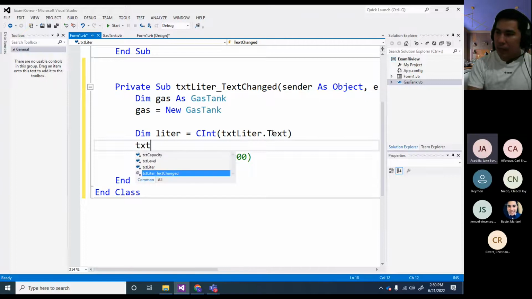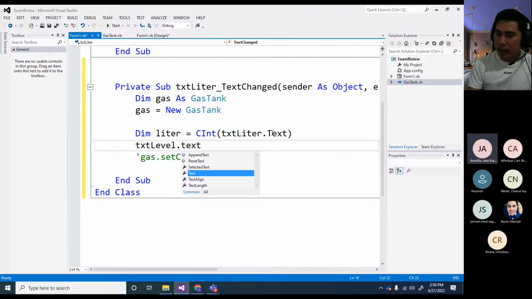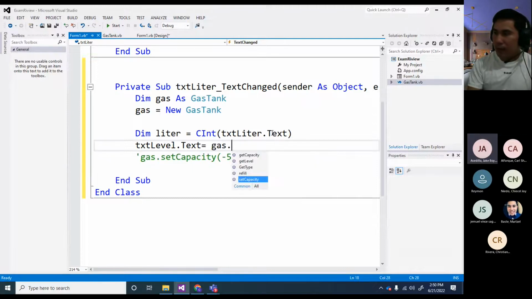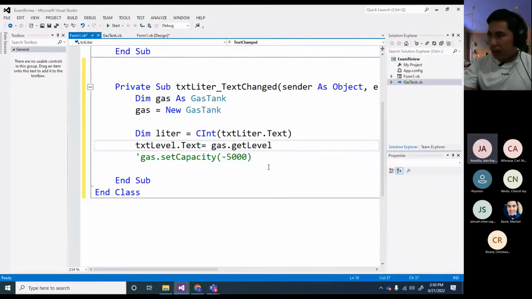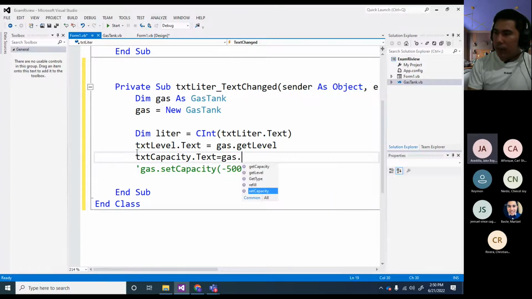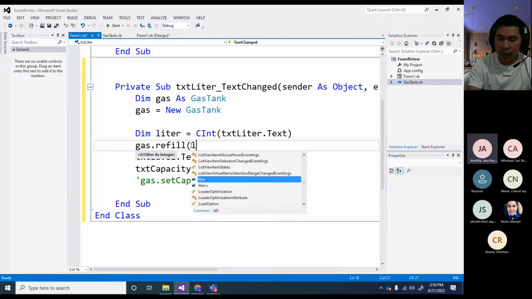And then we have txtLevel.Text equals gas.GetLevel, and then txtCapacity.Text is equal to gas.GetCapacity. So this will call gas.Refill based on the liter.